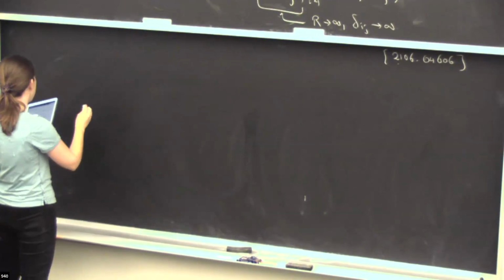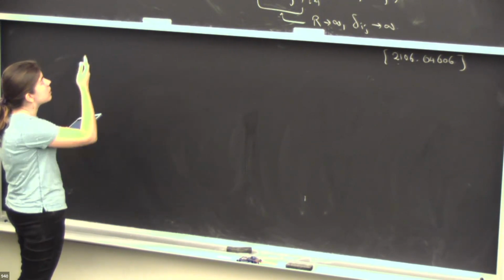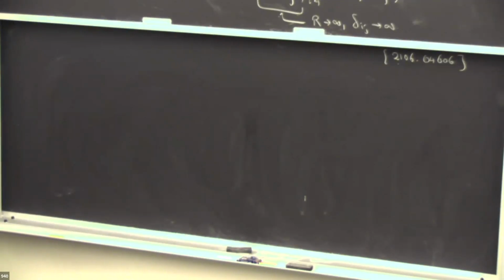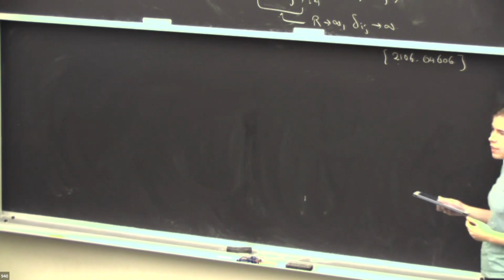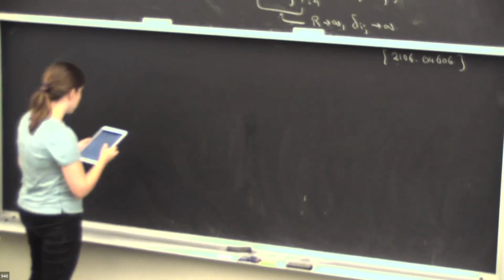So what one can ask is whether there is a more direct way of obtaining celestial amplitudes from this prescription, just because the celestial amplitudes naturally diagonalize some subgroup of the higher dimensional conformal group in this case. So can we find some way to arrive directly at celestial amplitudes?